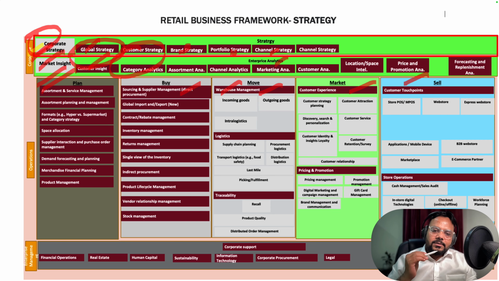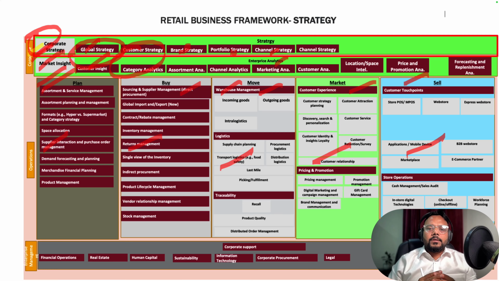Together, the strategic layer ensures that every decision made in planning, buying, moving, marketing, and selling is aligned to the long-term business goal. In short, a strong strategy connects vision to execution and turns retail ambition into real-world success.